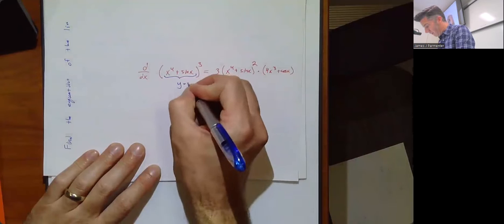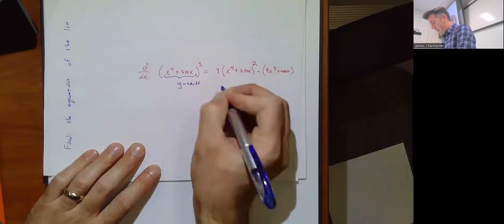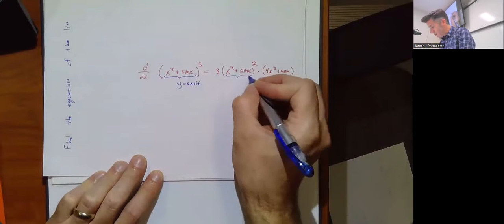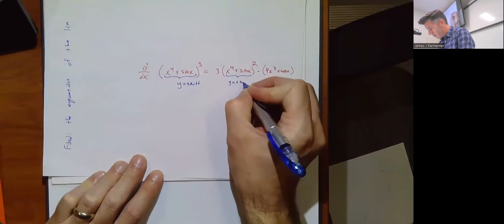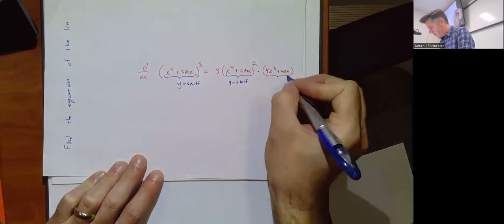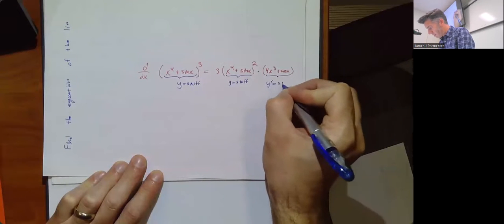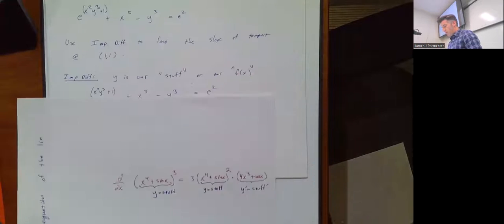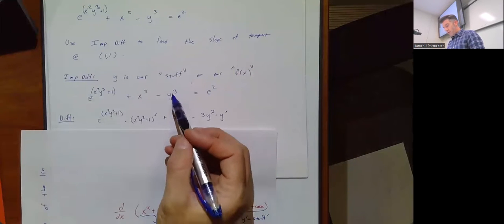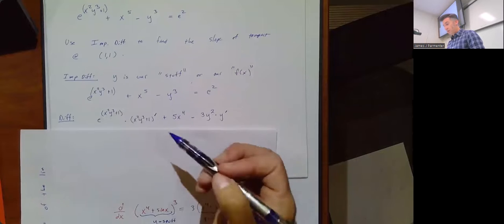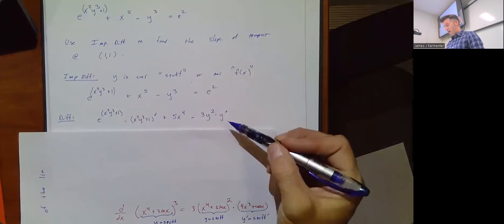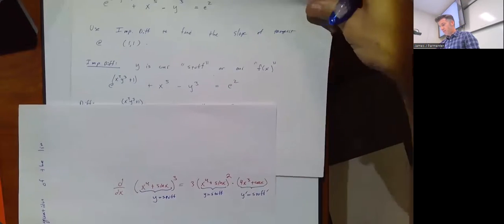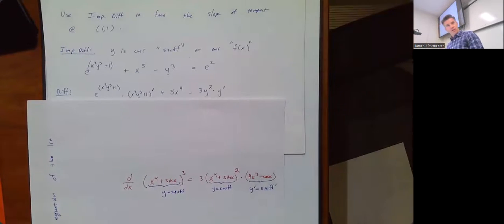So that's my stuff. And then the derivative of some stuff cubed is 3 times my stuff squared times the derivative of my stuff. That's exactly what's happening right here. So you can see the bottom part there. Does that help clarify things a little bit?